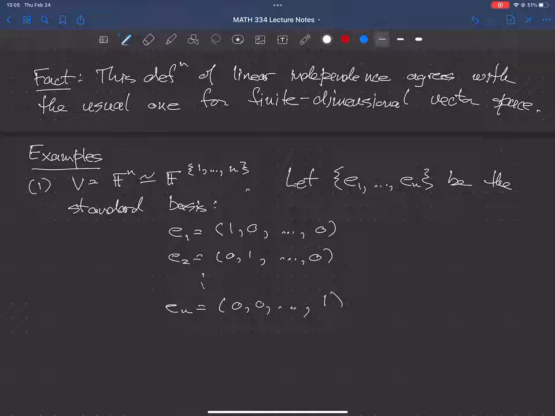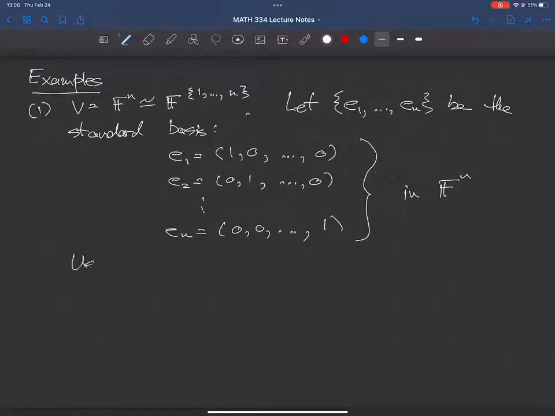And so these are vectors in Fn, of course. But now what I want to do is think of these, this vector space is isomorphic to this one. So I want to ask the question, what are the elements of this vector space that correspond to that basis?